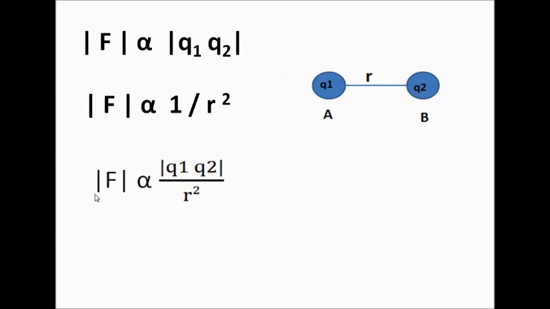So this is only a relation. We have to make this an equation. And we can make the relation into an equation by removing the proportionality by introducing a constant. We are introducing a constant k. So F is equal to k q1 q2 divided by r square. And this k is known as the Coulomb constant or electrostatic force constant.